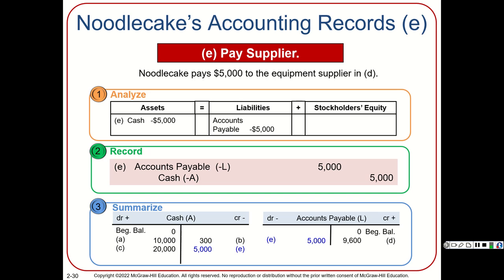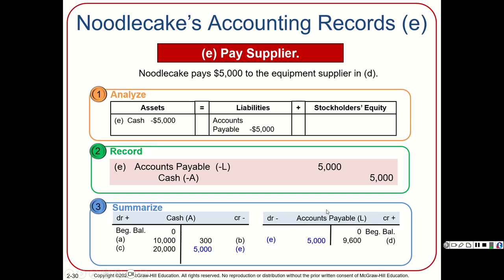So here on the accounts payable side, you have a couple different transactions that were recorded. You have the $9,600 that increased the liability, the payable, which is that promise to pay, and then $5,000 was paid against accounts payable. So it's decreasing. Notice this cash account is an asset.